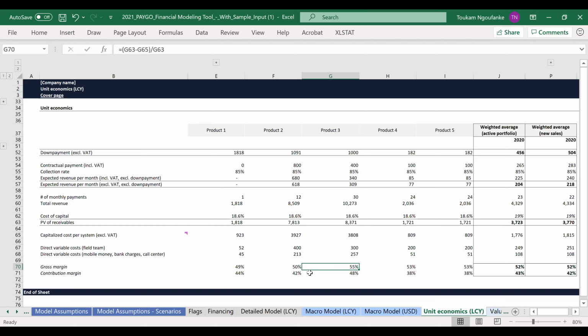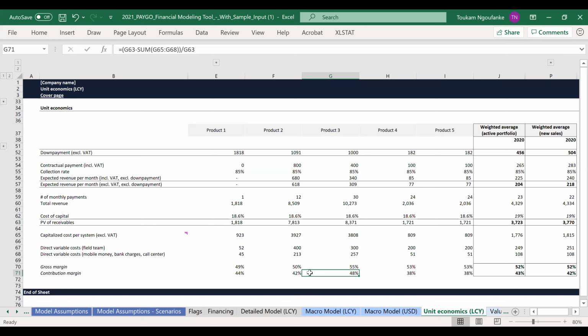Now, the next number, the contribution margin, is saying, of that 8,371 that you've collected, or the value today to you, if you take out not only what the item costs, but also the cost of making it available to the customer, so commission, for example, by a sales agent, and any other direct cost of making that item available to the customer, you're left with about 48% to cover your other costs.